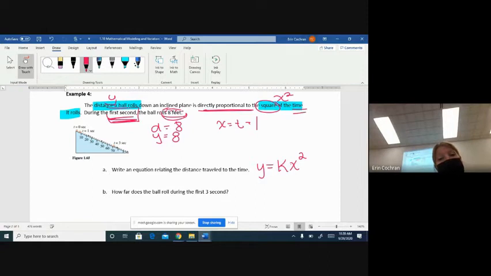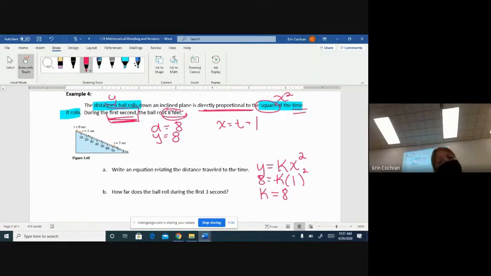My y is 8. K we don't know. And what is my x? 1 squared. So what would k equal? It would be equal to 8, because 1 squared is 1, divide by 1. So my k is 8.